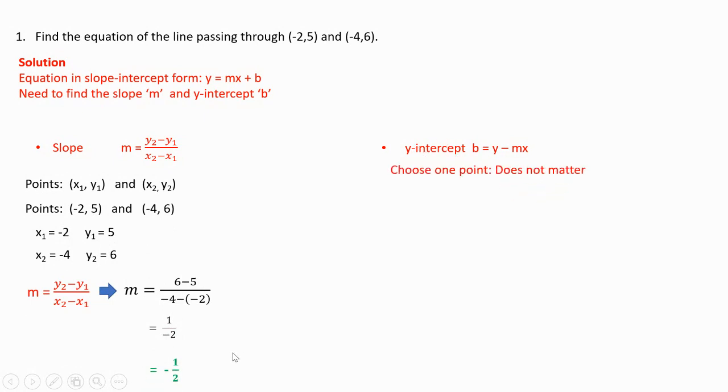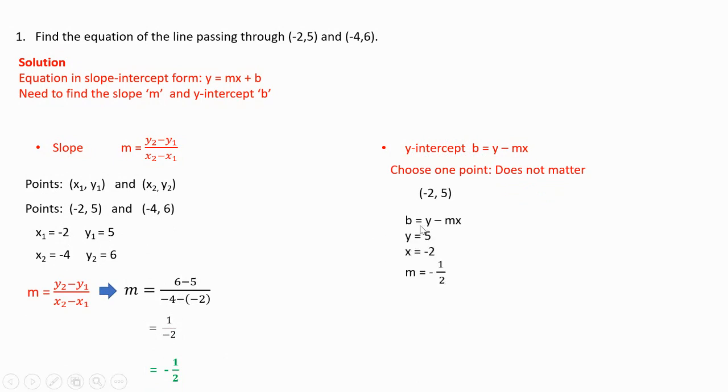Okay, now for my b, which is the y-intercept, to find the b, we choose one point. It does not matter which one, the first point, negative 2, 5, or the negative 4, 6. You get the same answer, whichever point you use. So since the first point is negative 2, 5, that's the one I decided to use.